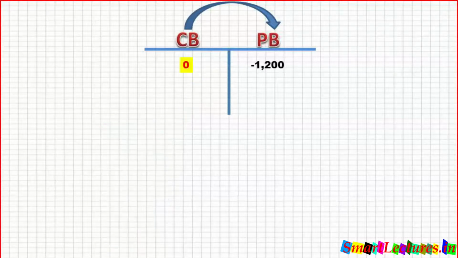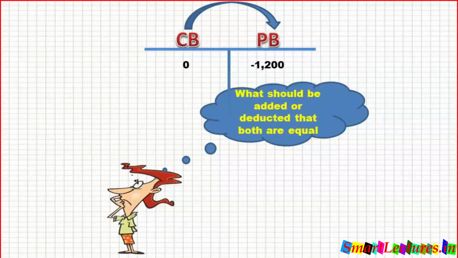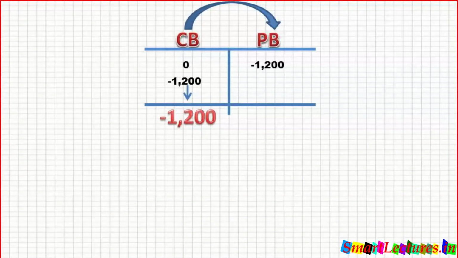So there was 0 in the cash book. So the cash book is showing 0 and the passbook is showing minus 1200. So what should be added or deducted from the cash book so that both are equal? Naturally, we will have to put minus 1200 in the cash book so that the total on both sides is equal, that is minus 1200 on both sides. So from our side, the answer is minus 1200.